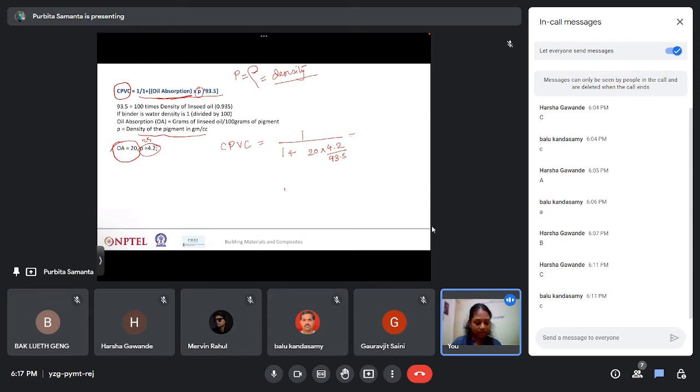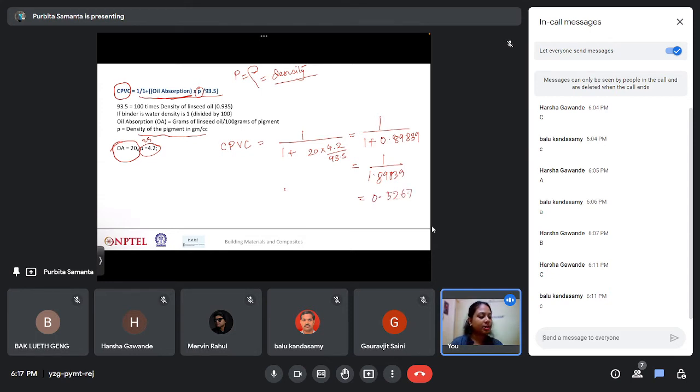So we are getting 1 by 1 plus 0.8983. It depends upon where you want to round off this particular value. So that is equal to 1 by 1.8983, and we get the answer as 0.5267.